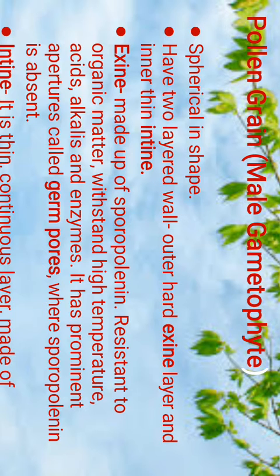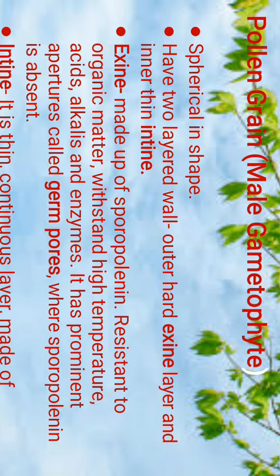So, pollen grain is haploid, spherical in nature. It has 2 wall layers. Outer is called the exine layer and the inner one is called intine. Exine layer is highly ornamented. It has a special type of chemical called sporopollenin, which is resistant to acid, alkali, any type of temperature and enzyme.